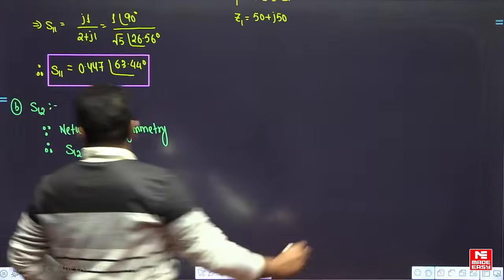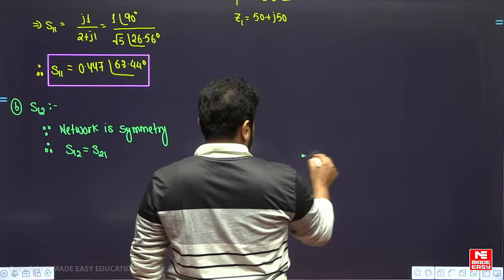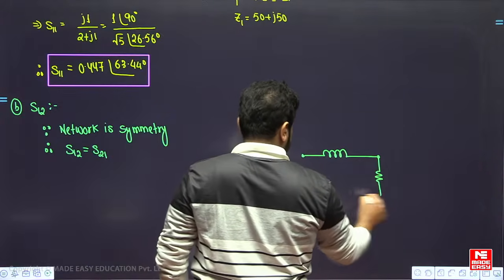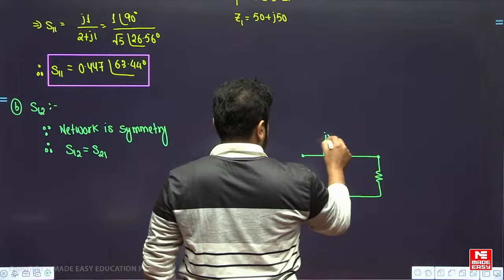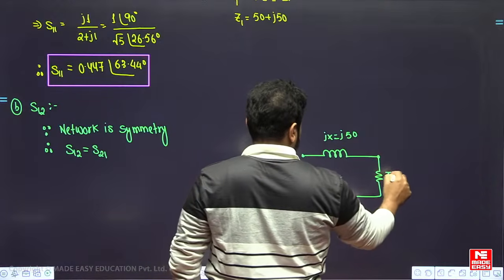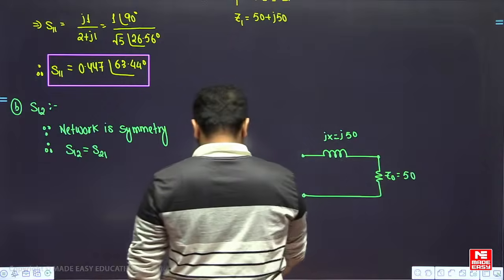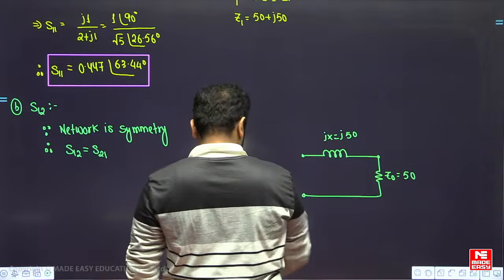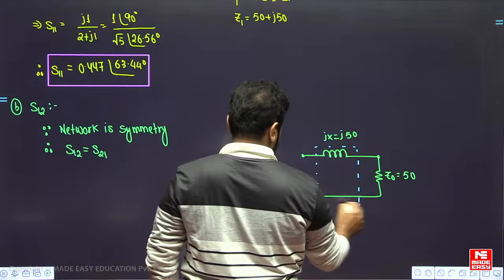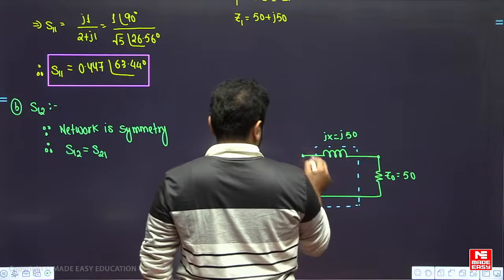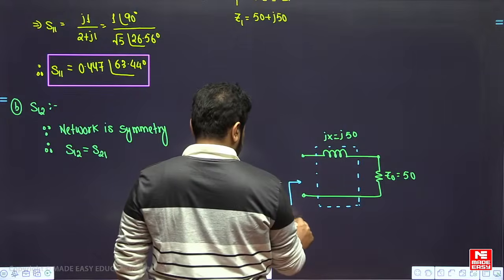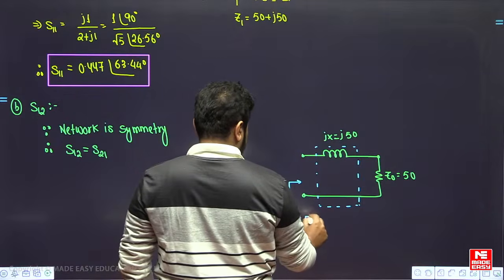Now here, what is the network given? This is your inductor and this is the resistor. This is your jX, which is equal to j50, and this is Z0, which is equal to 50, and it is put in matrix form. Here we have Z1, which was 50 plus j50.